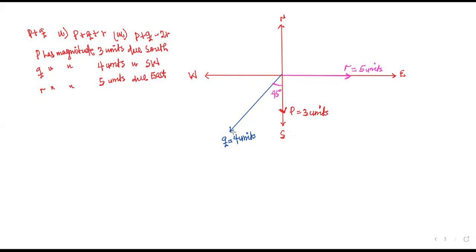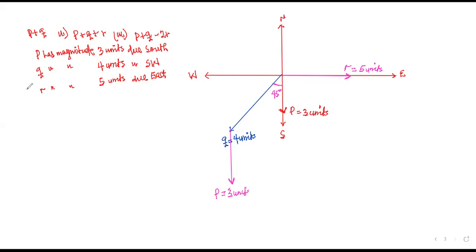If we use cosine rule, vectors are equal no matter where they are if they have the same magnitude. So I want to draw the equal vector of P and place it on the head of Q. This is the equal vector of P, which is also 3 units.